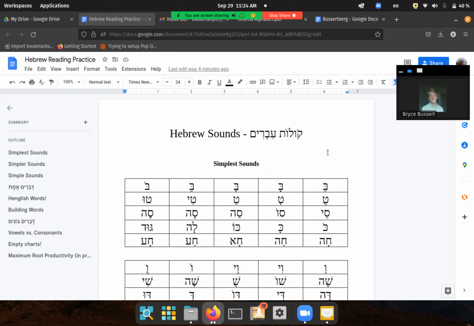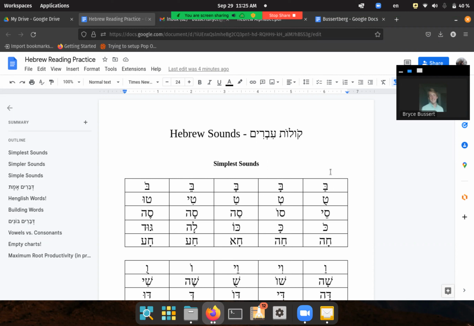Don't think that me reading sounds to you or telling you what the letters mean is cheating, or a cop out, or not very helpful, okay? Because there's absolutely a lot of benefit to be had from just looking at the letters and hearing them be pronounced. Okay, so without further ado, we'll get started right here in this corner under the simplest sounds category.